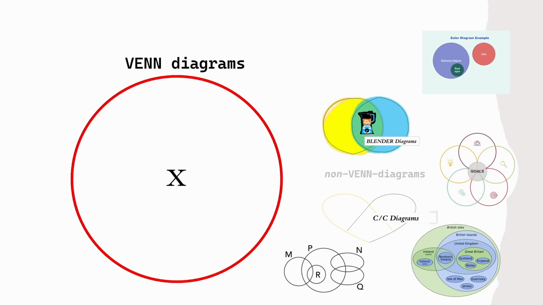So hopefully what you've gotten out of this discussion is a clear sense of the line between the kind of diagrams that fall inside the set of Venn diagrams and those that are not allowed in, so that this line here is a little bit sharper in your mind.